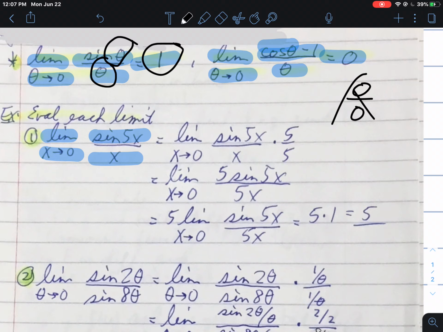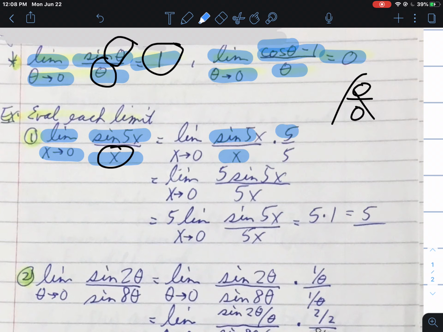So sine of 5x over x. Well, I can rewrite that so that I have the same denominator as the argument. I can turn x into 5x by multiplying it by 5. But of course, I can't just multiply the denominator without also multiplying the numerator. So here's kind of the trick here. I took the original fraction, sine 5x over x.